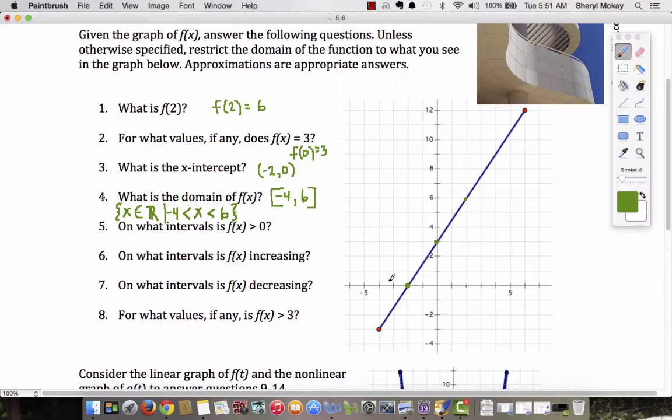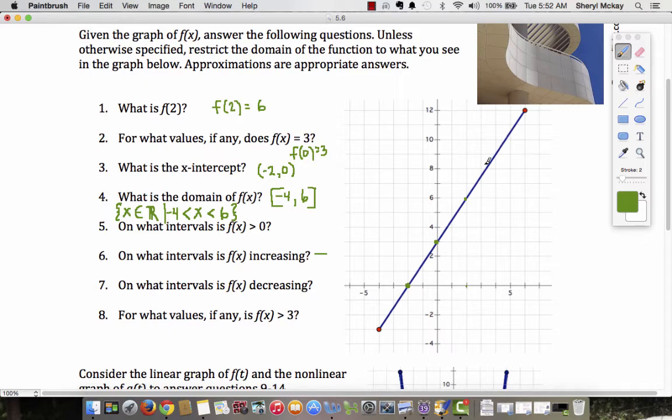So that means the value of the y's are greater than 0. So when are the y values increasing or greater than 0? Meaning, when is it positive?